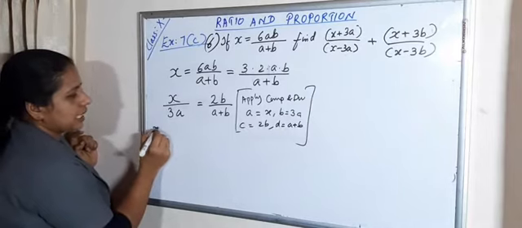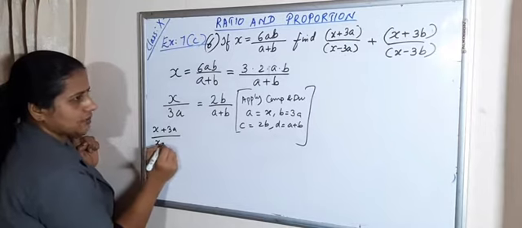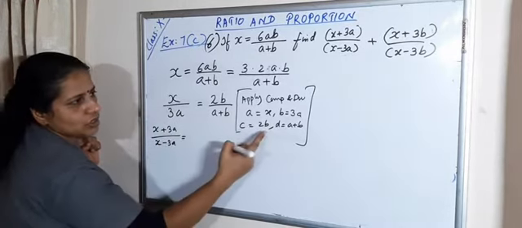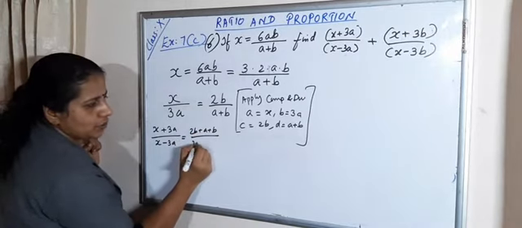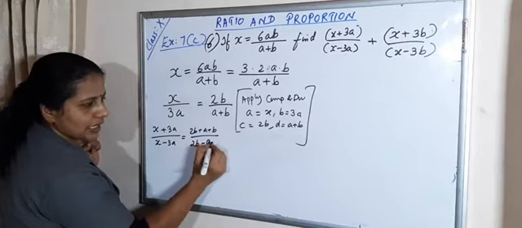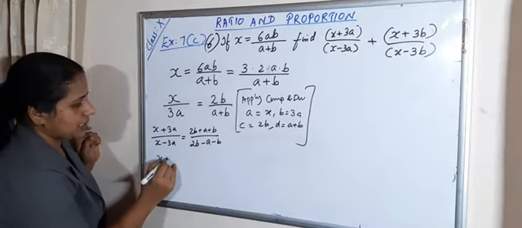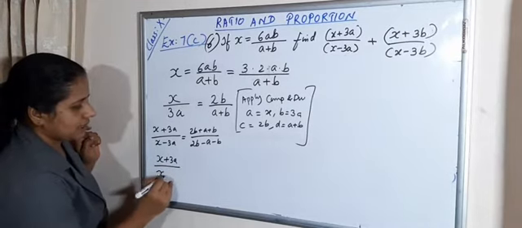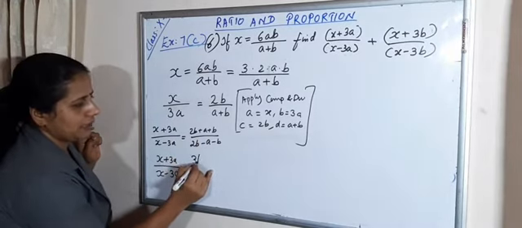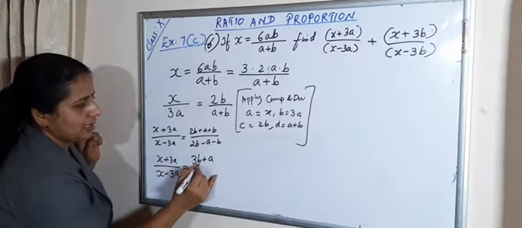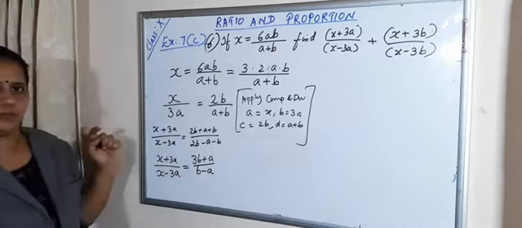That is (x + 3a)/(x - 3a) equal to (2b + a + b)/(2b - a - b), that is (3b + a)/(b - a).